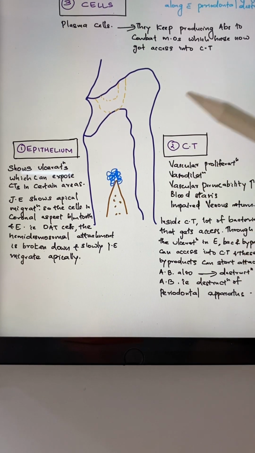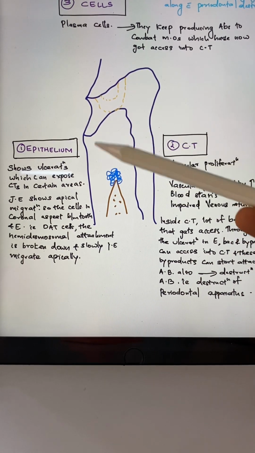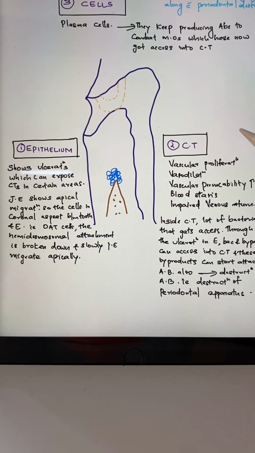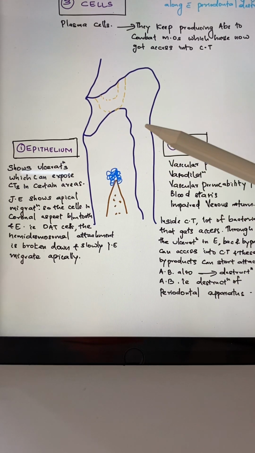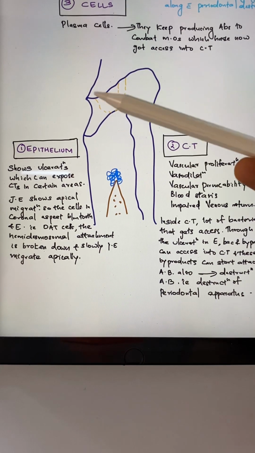apically. Then in the connective tissue, all the features like vascular proliferation, vasodilation, vascular permeability, blood stasis and impaired venous return can be seen. Along with that, inside the connective tissue, a lot of bacteria gain access through the ulceration.